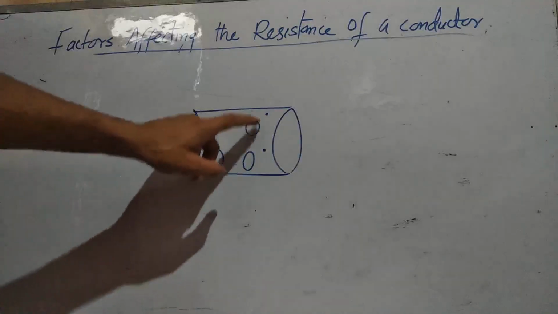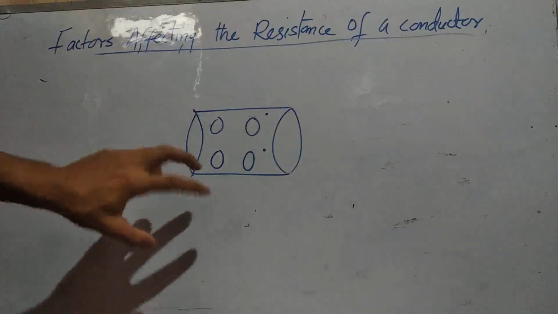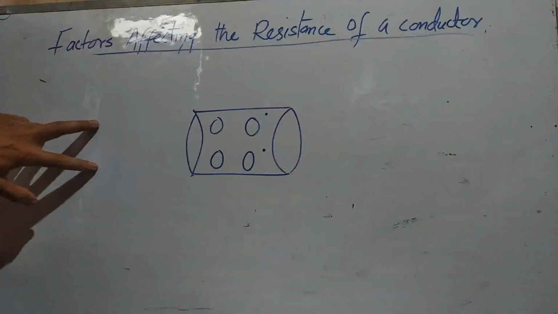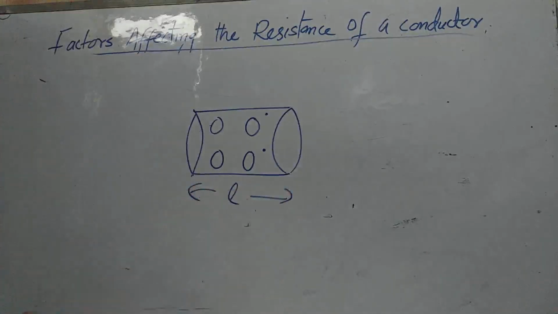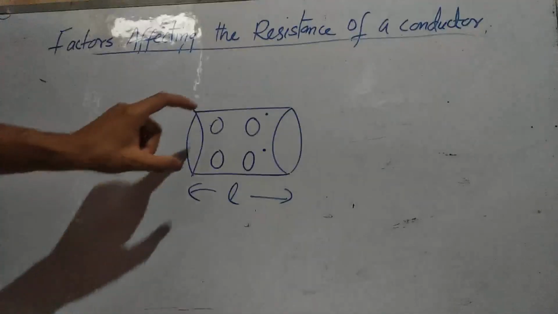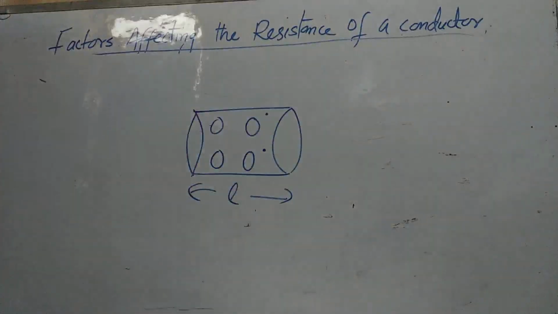For example, there are two free electrons. We try to find out how the resistance increases as the length of the conductor increases. For example, this is length L. Initially its length is L. In this length L there are four atoms, and two electrons are there.